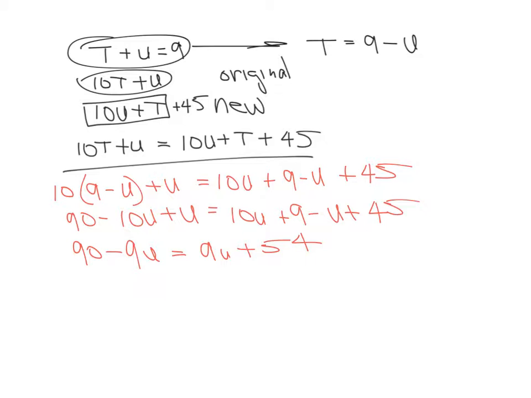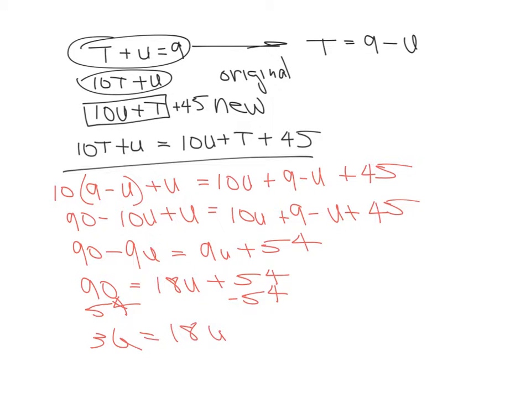Okay, now I'm going to add 9u to both sides. Subtract 54 from 90, and that's going to be 36 equals 18u, and u then equals 2.